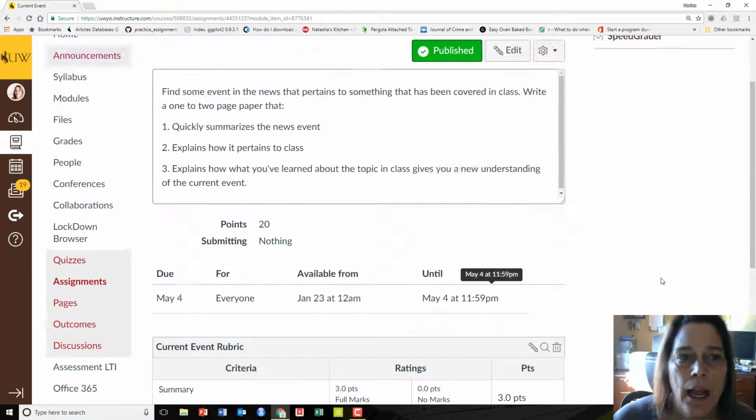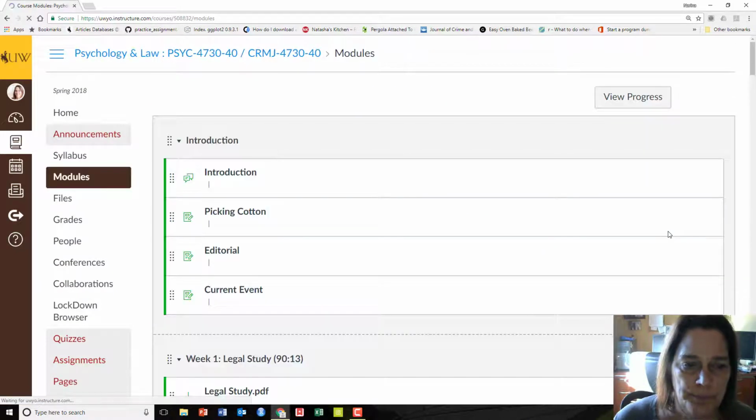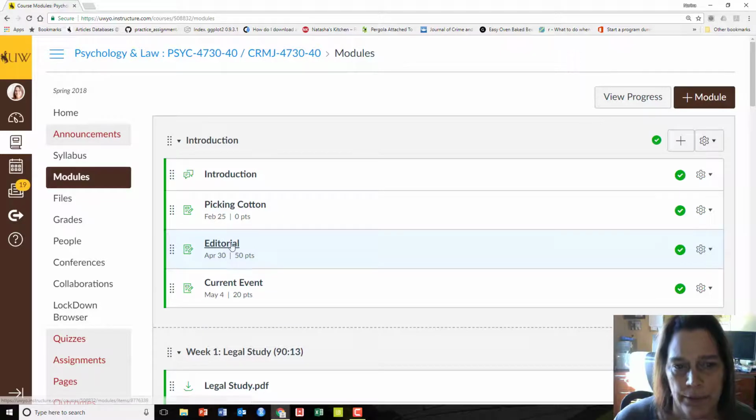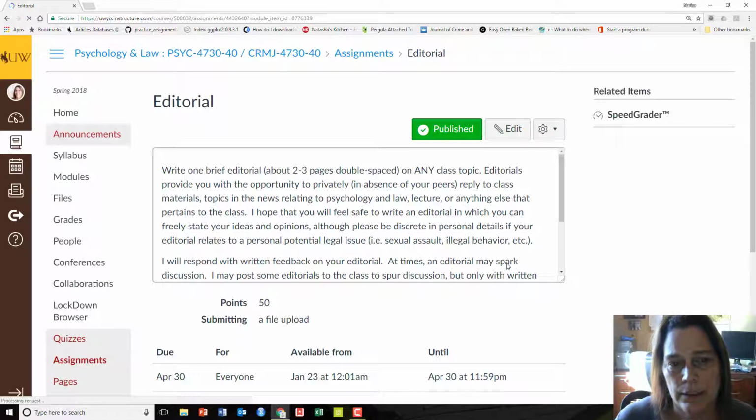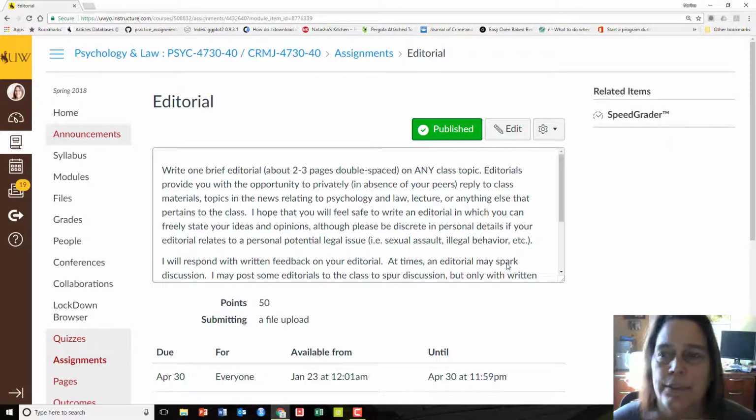Another thing you'll be asked to do is write an editorial. This is an editorial as if you were writing to the newspaper, not so much a letter to the editor, because those are often very short, but as if you were able to write an editorial for a paper. I want you to write 1 brief editorial on any topic in the class.